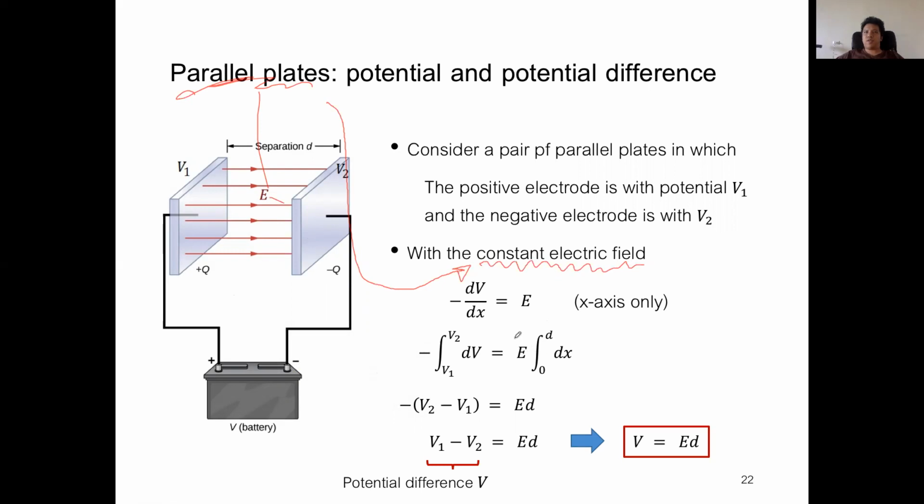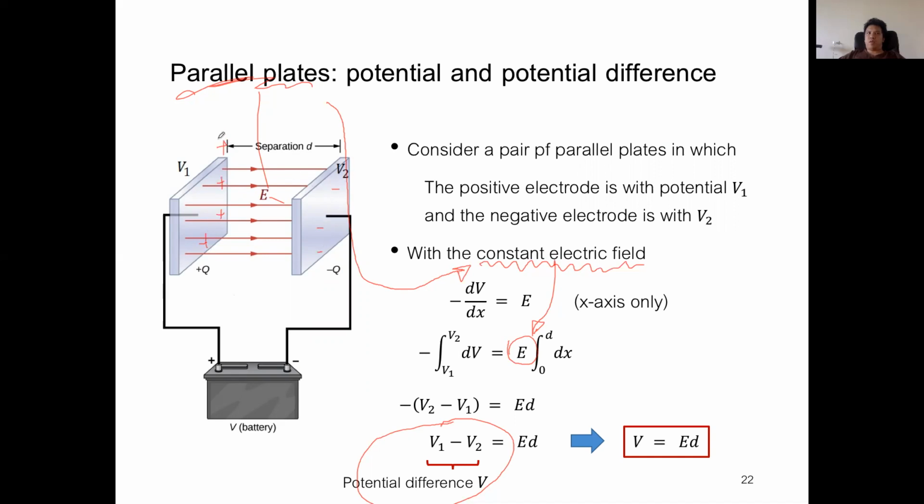So when the electric field is constant, we can bring this constant out of the integral, and finally we find the potential difference, V1 minus V2, if we say that the electric field points from the side that is more positive to the side that is more negative.